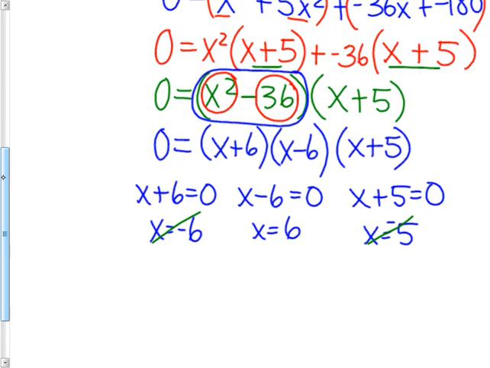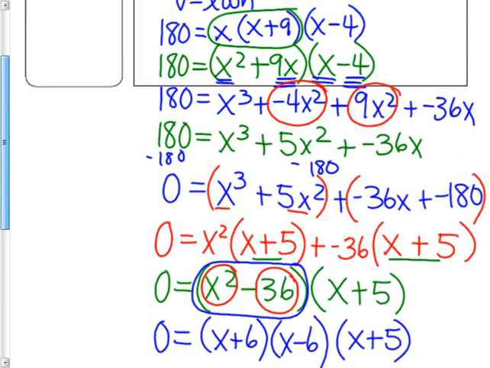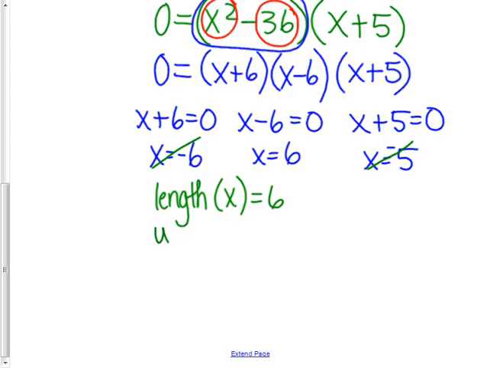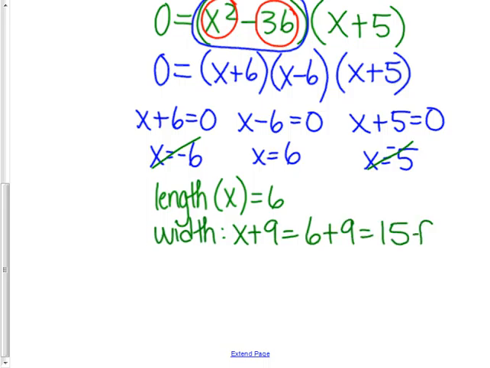So if the length, which was x, is 6, let's figure out our width and our height. The width was x plus 9, so my width will be 6 plus 9, which is 15. I believe we're measuring in feet.